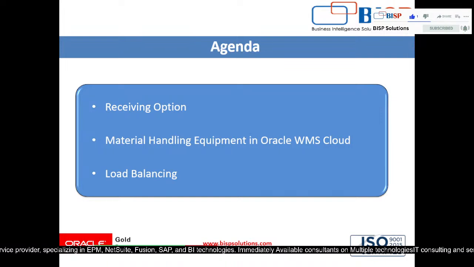We can move the item and material from one location to another within the defined area. You can define the area in this WMS, and this Oracle WMS Cloud supports various types of automated material handling equipment.